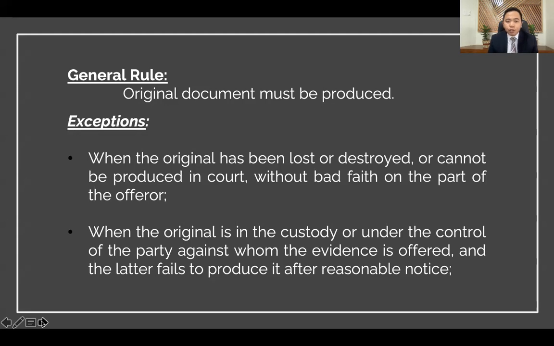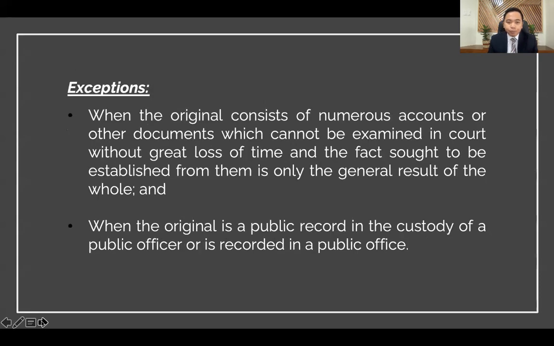First, when the original has been lost or destroyed or cannot be produced in court without bad faith on the part of the offerer. Second, when the original is in the custody or under the control of the party against whom the evidence is offered, and the latter fails to produce it after reasonable notice.